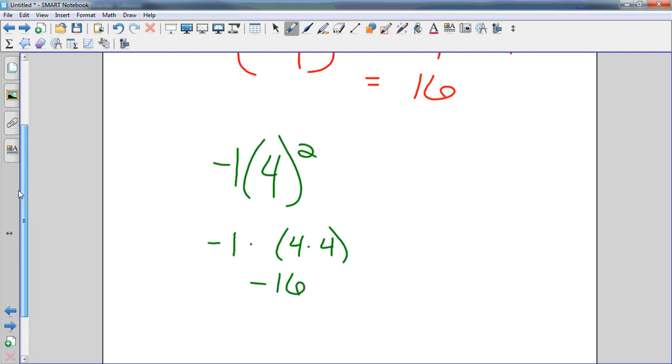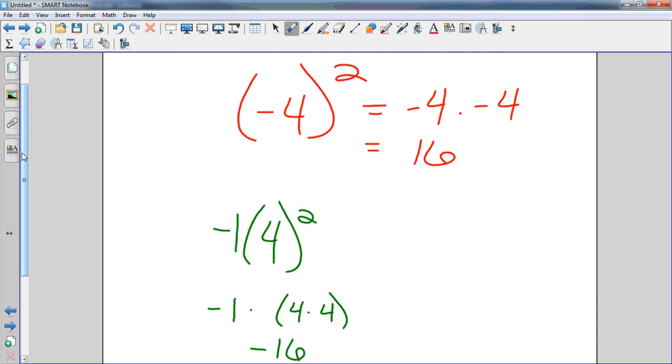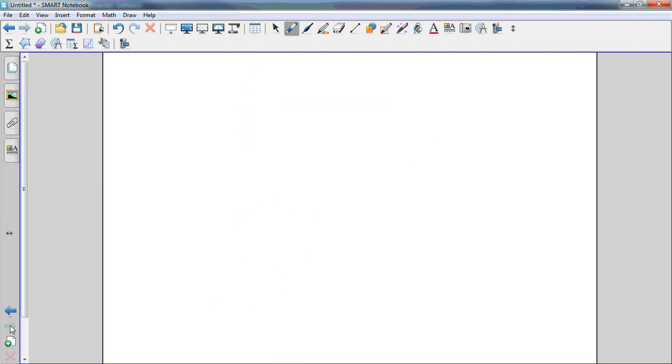If the negative is on the outside of the parentheses, it gives you a negative answer. On the inside, you're squaring it by itself, so you have the same number times itself, and it's going to be positive. There's a big difference. -16 and positive 16 are not the same thing.